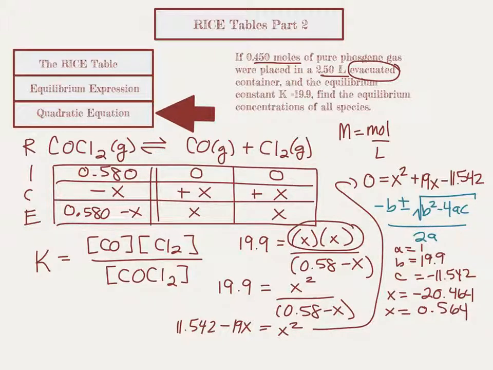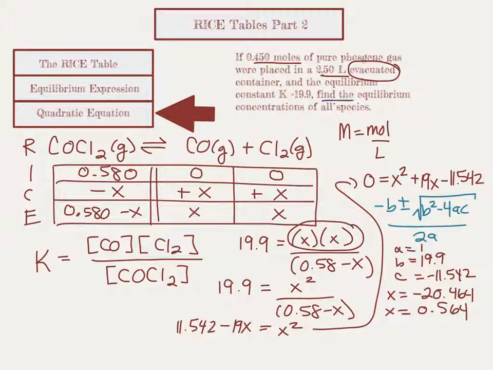0.564. That number seems reasonable to me because my phosgene is starting at a concentration of 0.58. Subtracting a number smaller than that number is physically possible. Subtracting a negative number or adding to this concentration out of nowhere is definitely not possible. Okay, now it's time for me to reread my question and make sure I'm answering it.